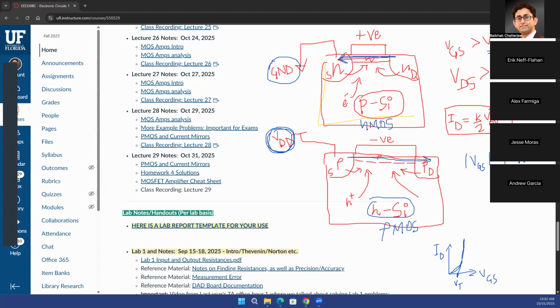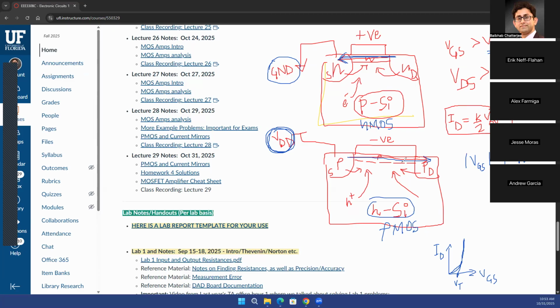Of course, your VGS is a negative voltage. So the positive voltage would have been VSG. But if you write it down in this way, what it really means is that the negative voltage VGS has to be lower than the negative threshold voltage that you would have needed to create the channel. And if you're more negative at the VGS, then your transistor is on.